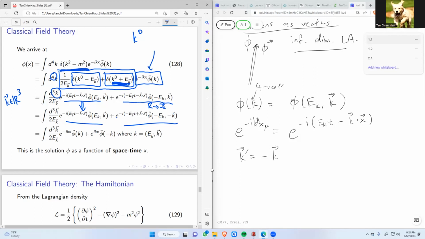And why do I want to do that? It's because if we observe over here, now ek and k have the same sign, and minus ek and minus k vector have the same sign as well.